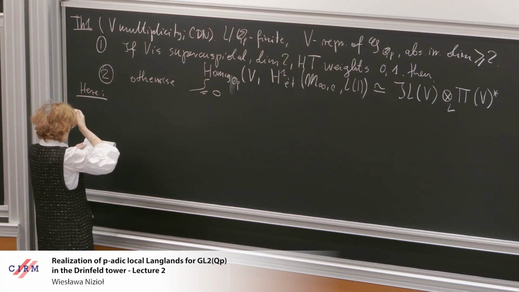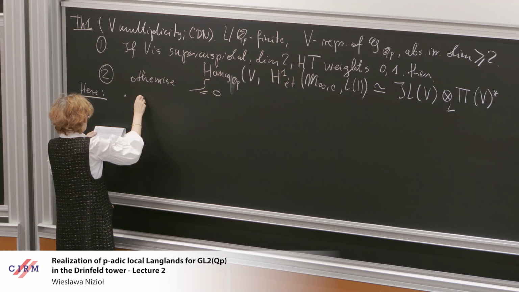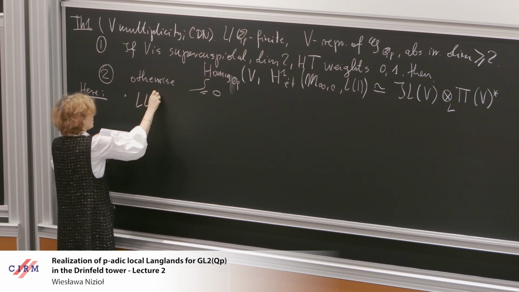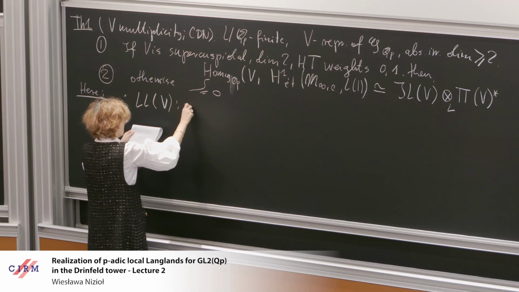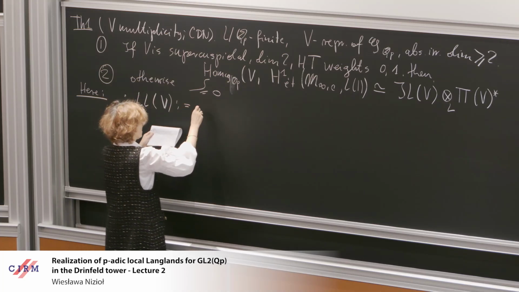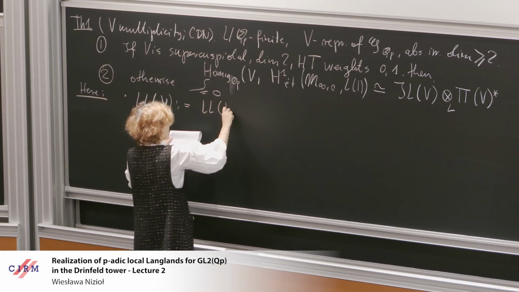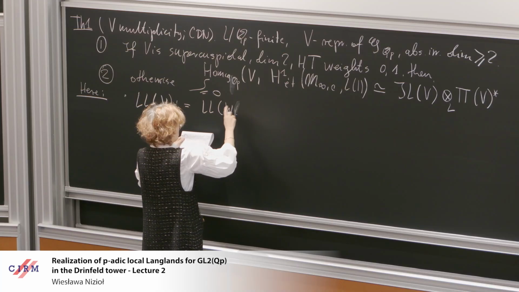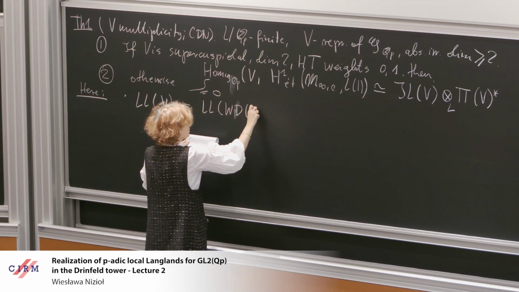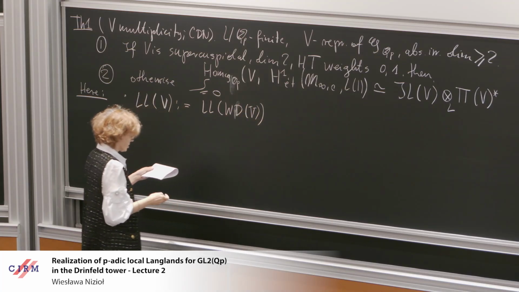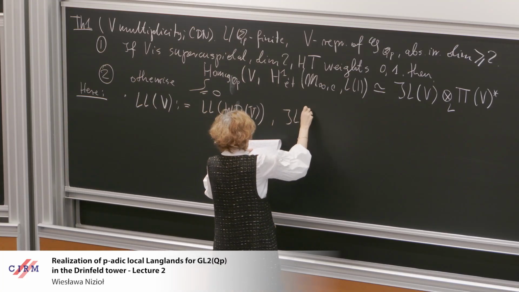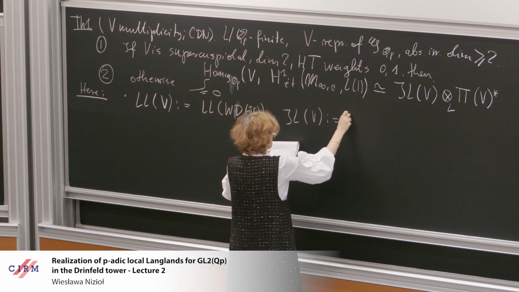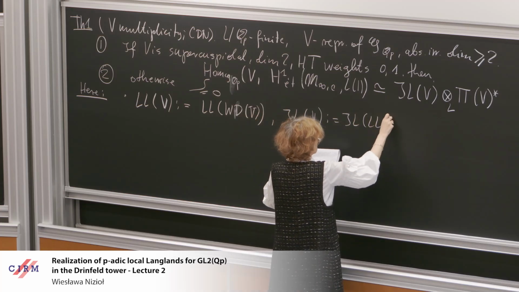So let's start with local Langlands. Well, it doesn't appear there, but it is there in some way. It's an infinite dimensional representation associated by the local Langlands functor to the Weil-Deligne representation corresponding to V, and then the Jacquet-Langlands of V is just the Jacquet-Langlands of this.